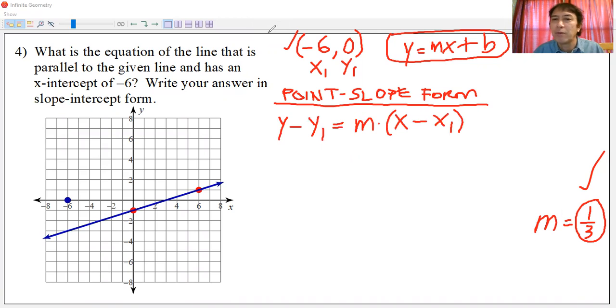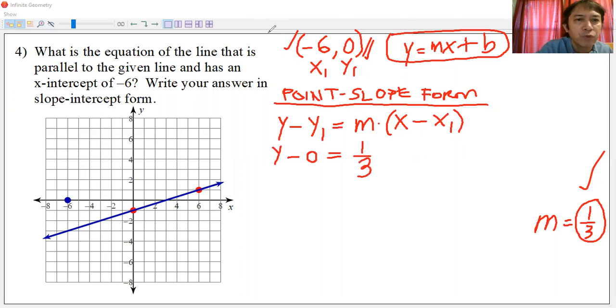The x1, y1 happens to be the (-6, 0) that we're about to use now. This point here. So using the point and the slope 1/3, this is now what we do next. y minus y1, it's a 0. Remember we're using (-6, 0) now for the x1, y1. And this is equal to m, that's 1/3.